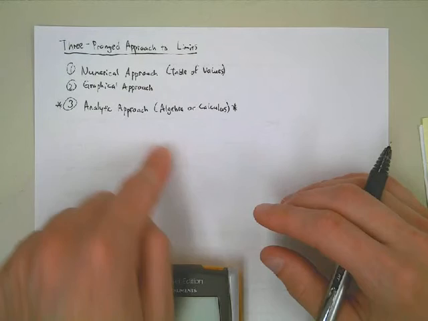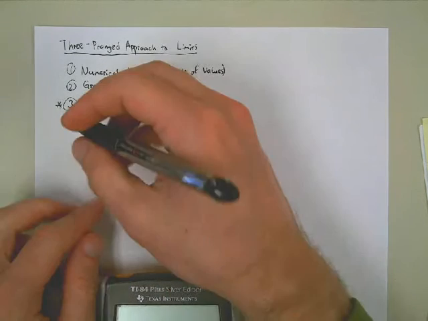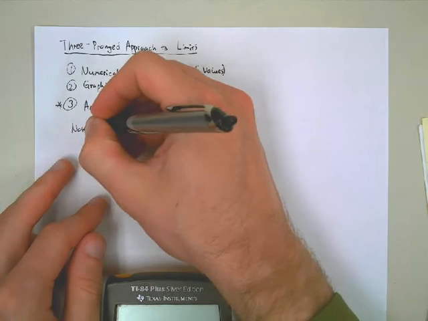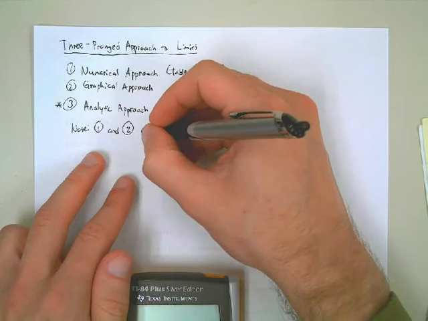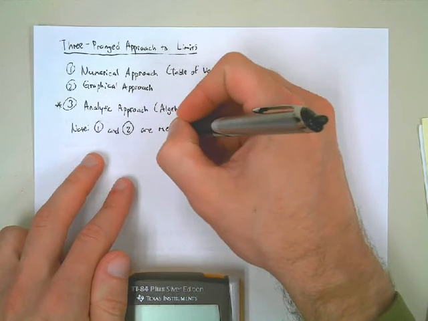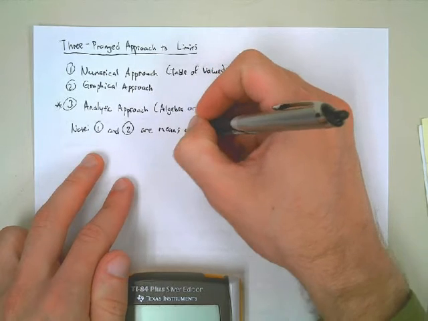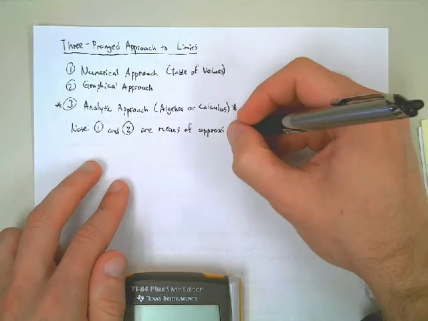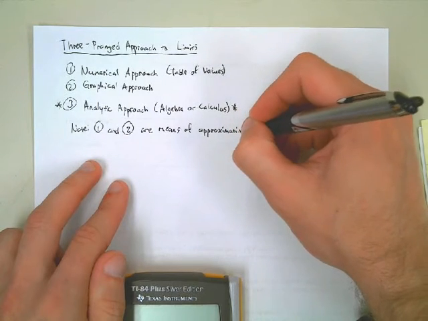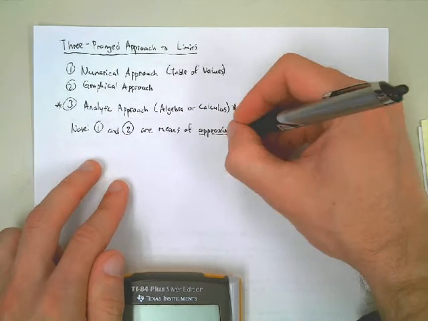One other note, okay, 1 and 2 are means of approximating a limit, right? We're doing some fuzzy math there, I'll say, when it came to this table analysis, right?